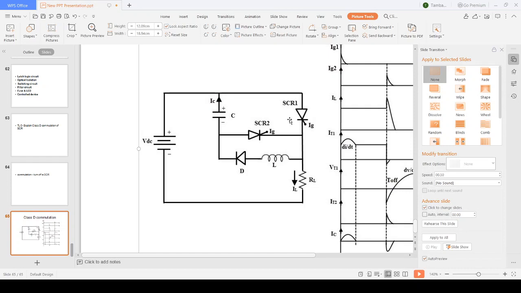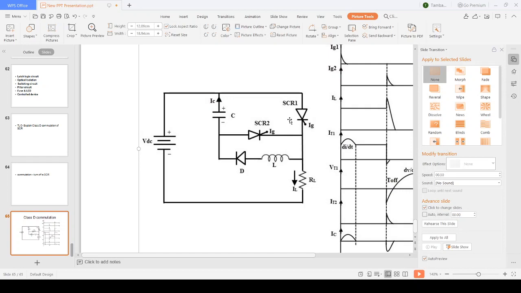The voltage on the capacitor increases toward 0 first and then toward the positive maxima. At the end of this mode, the voltage across the capacitor is positive, and SCR2 is turned off as the current through it goes to 0.